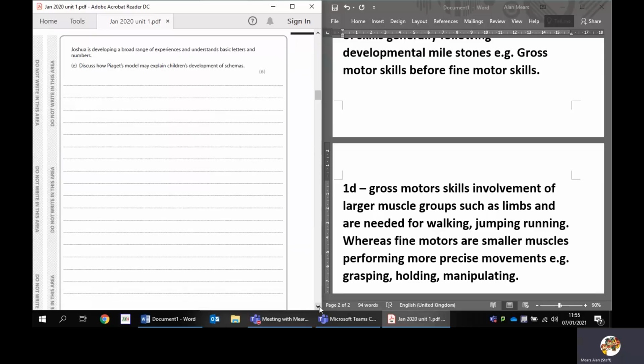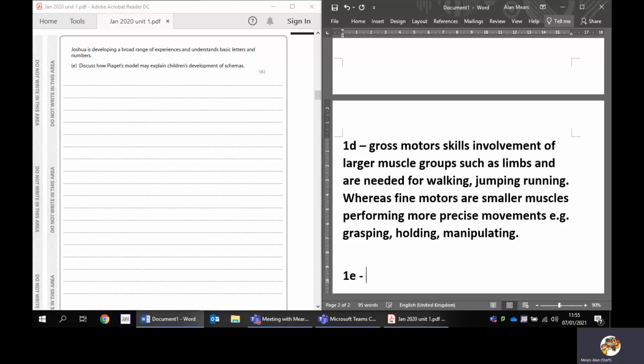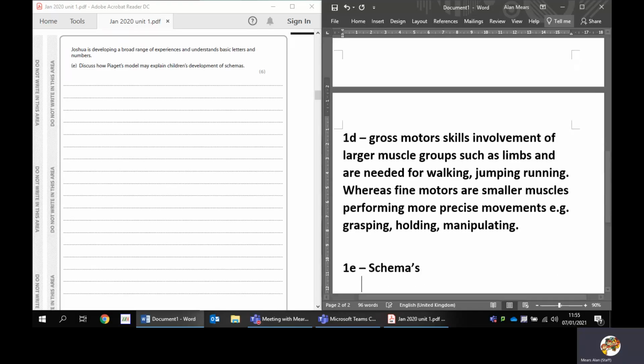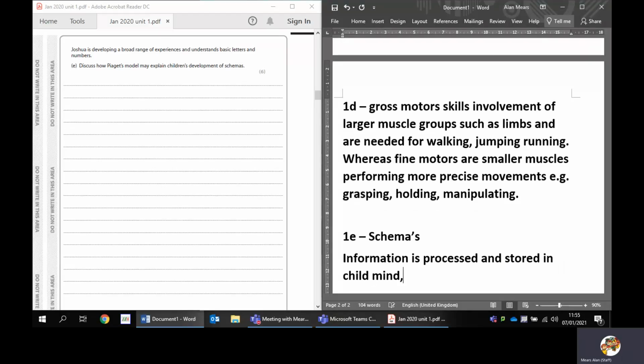And then we've got to move on to 1E. So again, some of these long questions, I'm not going to write a full answer, just some notes. Discuss how Piaget's model may explain children's development of schemas. Now, Piaget's model is the schemas model. So there's the idea that new information is processed and stored in a child's mind, which helps to understand the world.